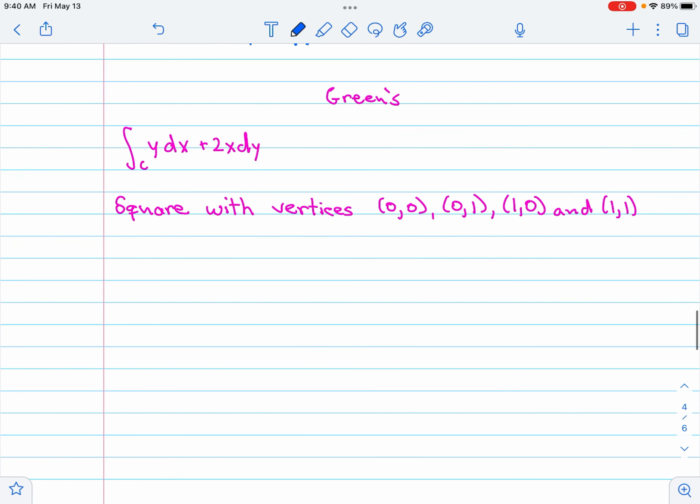Now, here's what we do for Green's theorem. We've got this vector field, and in this case, it's (y, 2x).